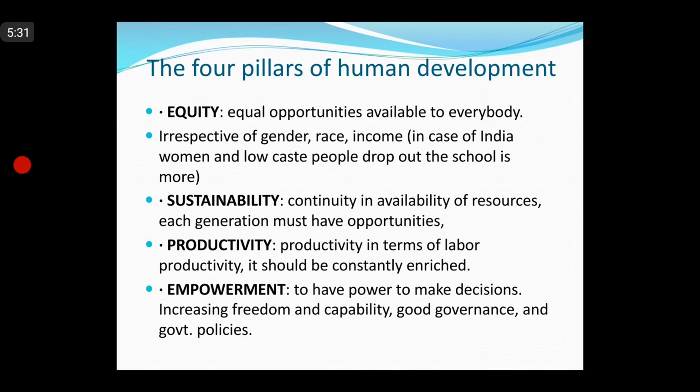Then the second one is sustainability. What about sustainability? Sustainability, you can say, is the continuity of availability of opportunities, right?